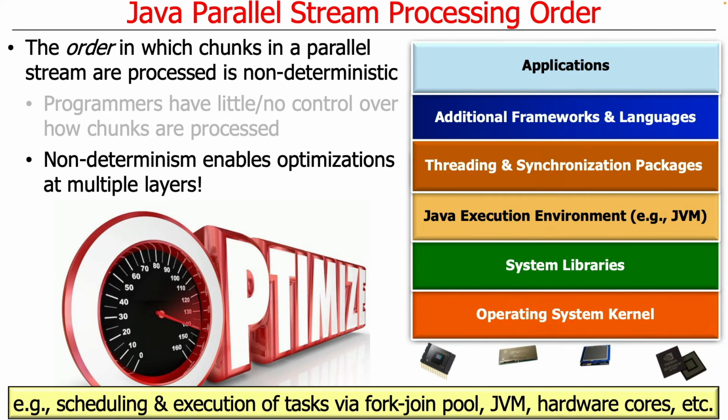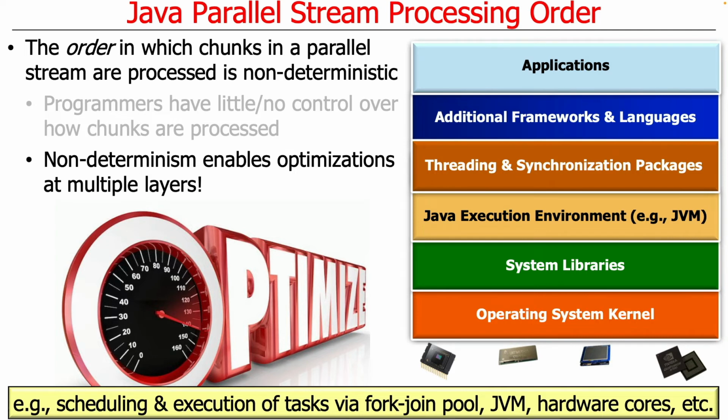Why is non-determinism useful? It allows optimizations by multiple layers in the overall hardware and software stack. The scheduling and the execution of tasks can be done in all kinds of clever ways by the fork join pool. We'll talk about that later. The virtual machine gives it opportunities for optimization.